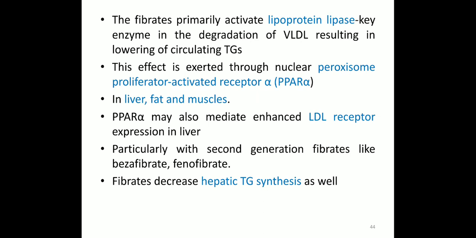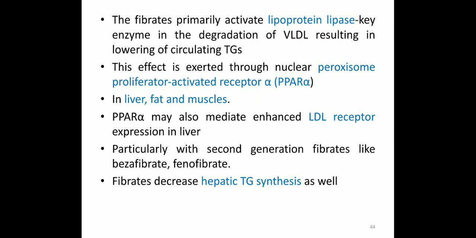This effect is exerted through the nuclear peroxisome proliferator activated receptor alpha. How is lipoprotein lipase activated? By this PPAR alpha receptor, which is generally found in liver, fat and muscles.